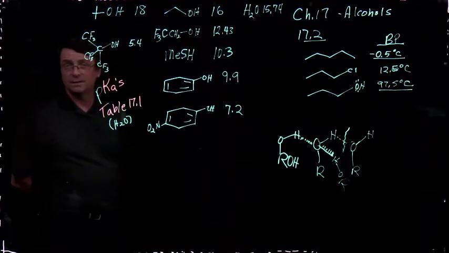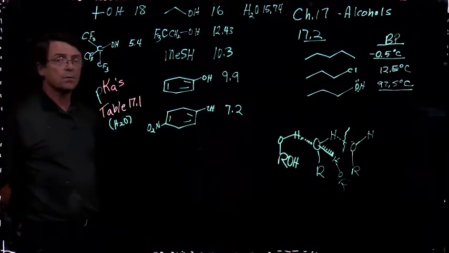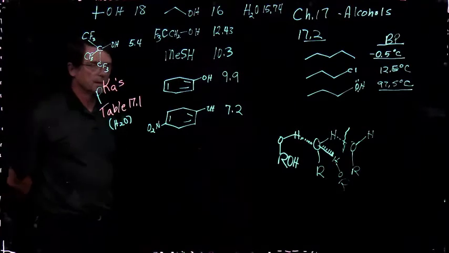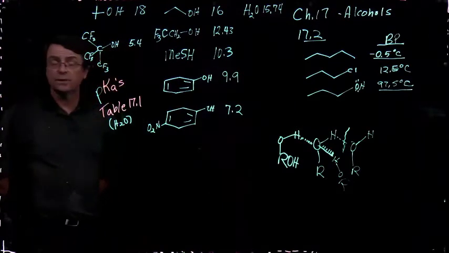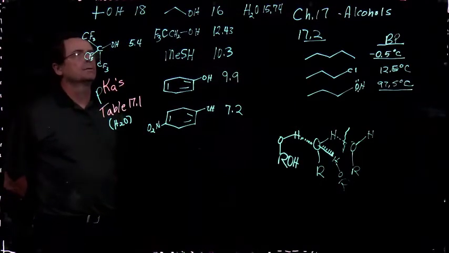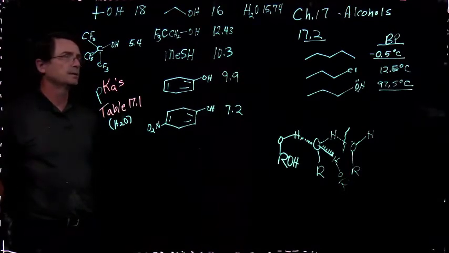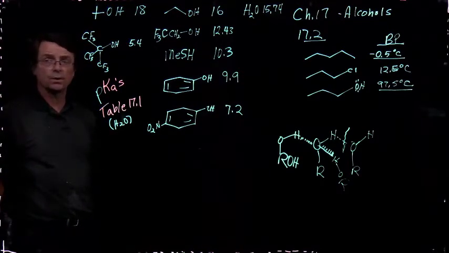As you might imagine, the solvent plays a big role in the acidity of these compounds. And so with organic solvents, you can see very different pKa's. The trends tend to be the same, but there are some important and critical places where things change order.